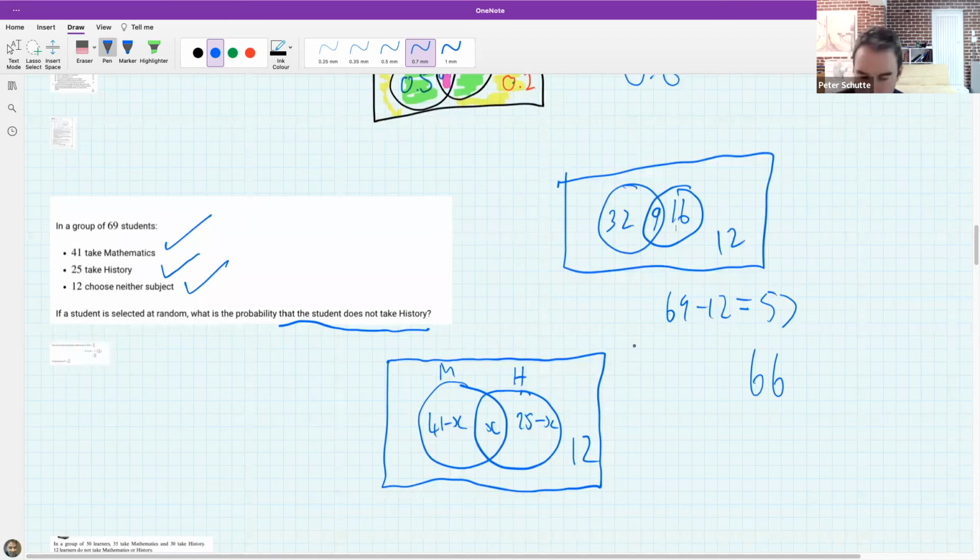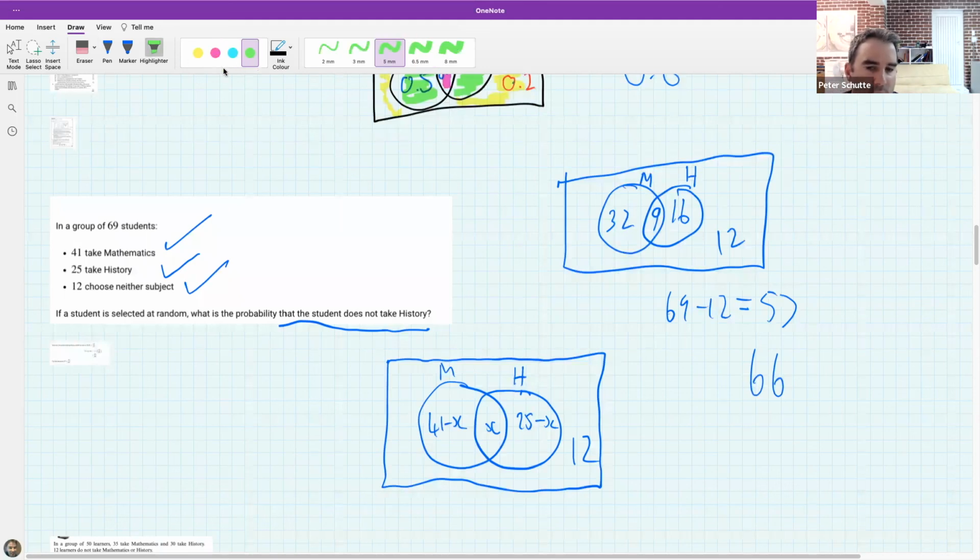And let me just check that because I'm rushing now a little bit. So if a student is selected at random, so this is history and this is mathematics, and does not take history, so it would be 32 and 12.